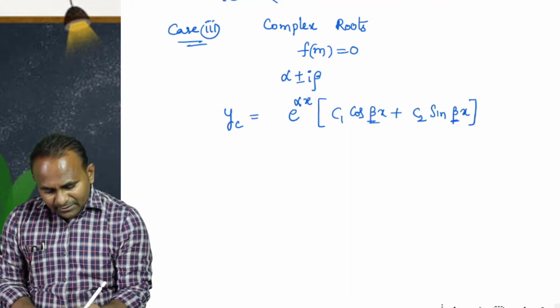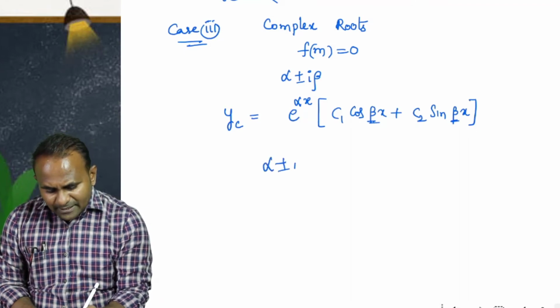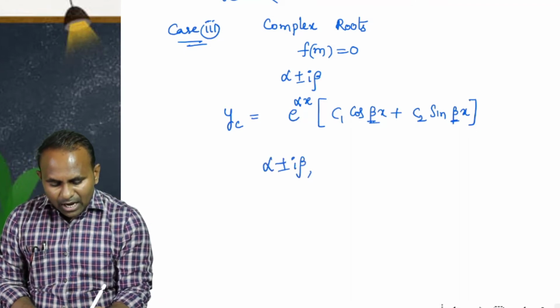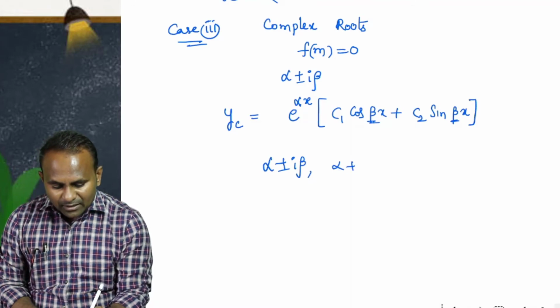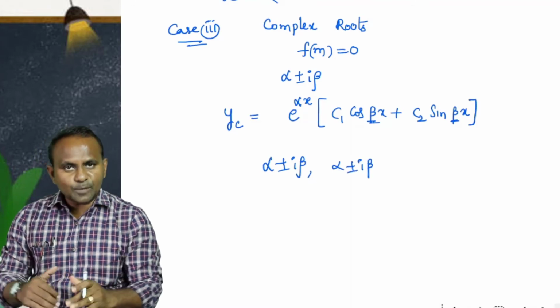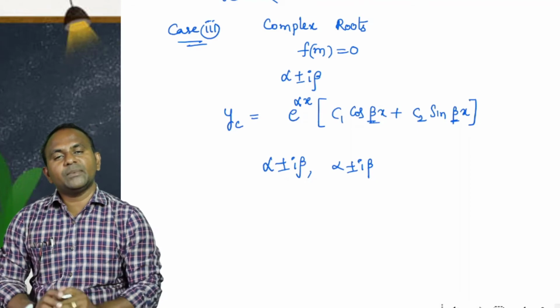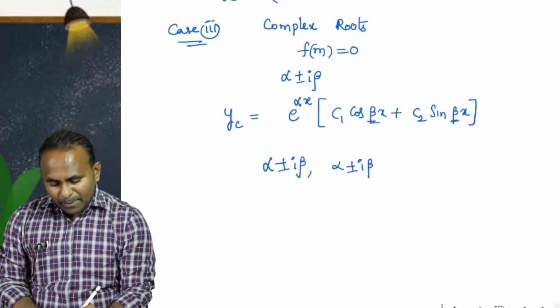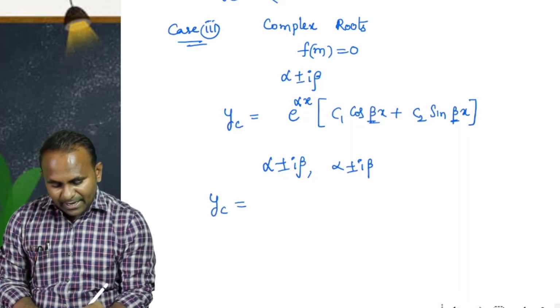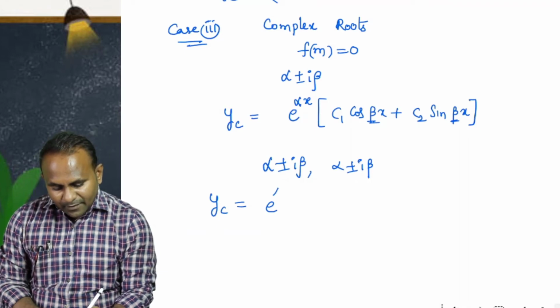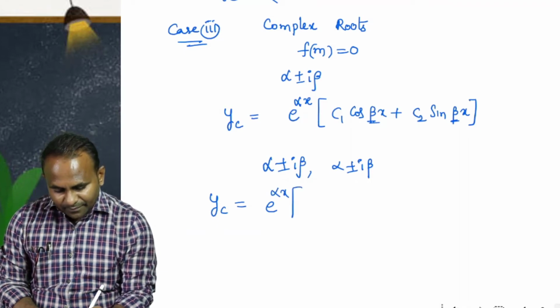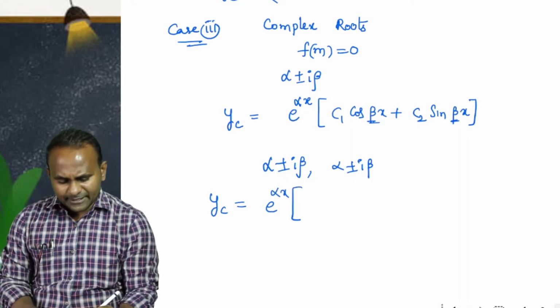Suppose you have alpha plus or minus i beta, alpha plus or minus i beta, when these complex roots are also repeated, then how do we write the complementary function? Your complementary function yc in that case will be e power alpha x. Of course, the real part is alpha x.